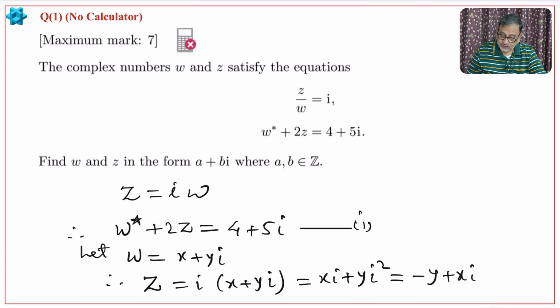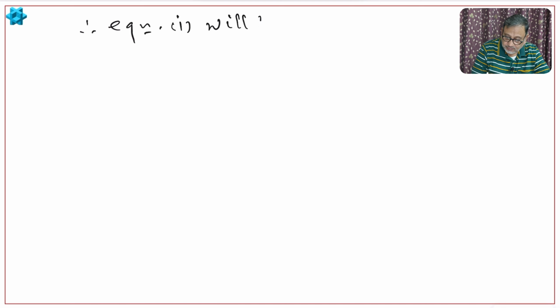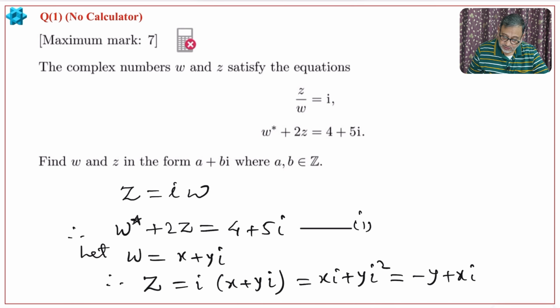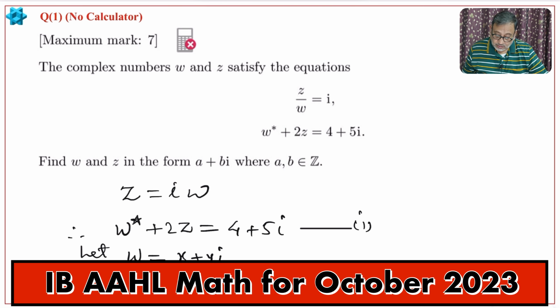So therefore in equation 1, see, equation 1 was w conjugate plus 2z is 4 plus 5i.